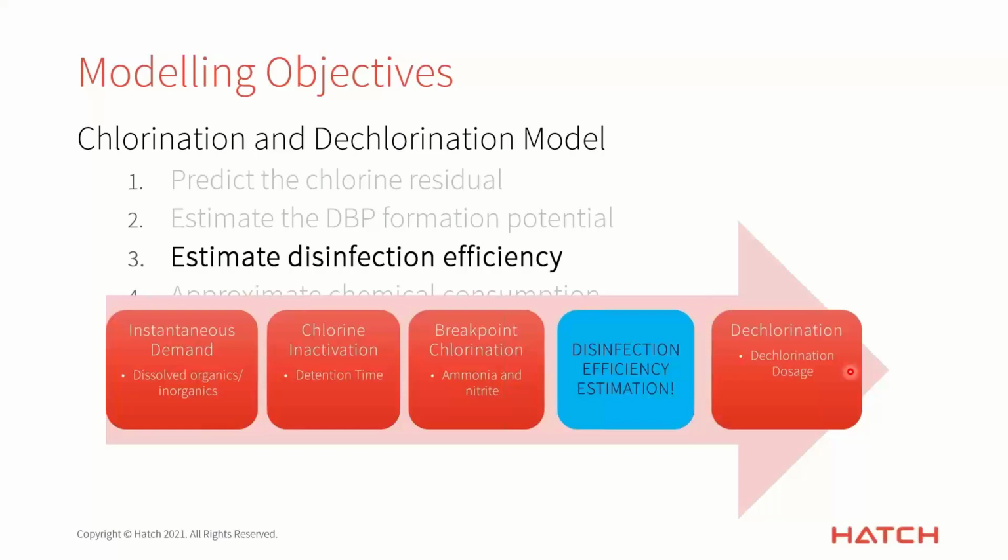So it's basically just before we do the dechlorination, we are actually calculating the disinfection efficiency. And this is a good thing to note because even if you are overdosing chlorine to ensure a very intense disinfection, and then doing a very heavy dechlorination, you're not going to lose any information in the model. That way, the model will capture that behavior well.